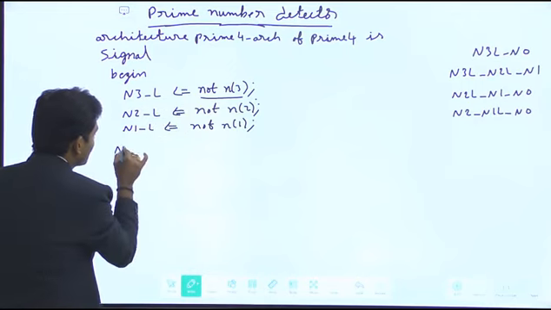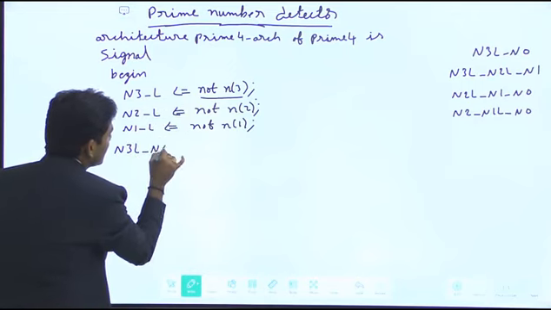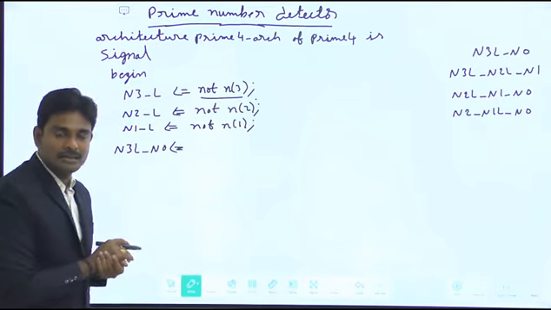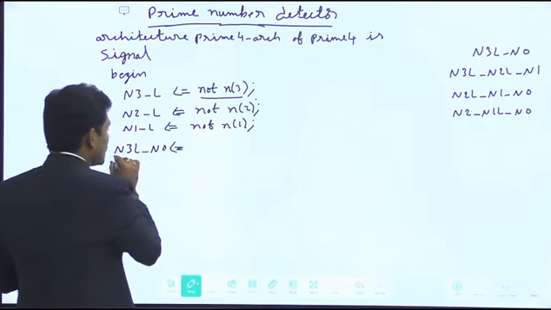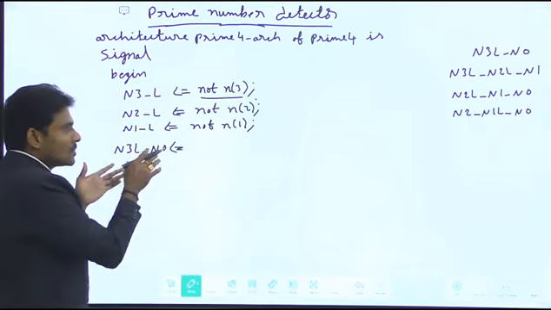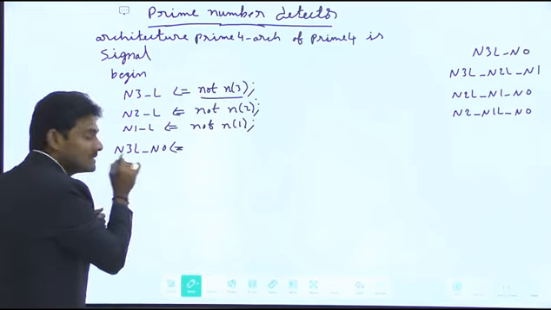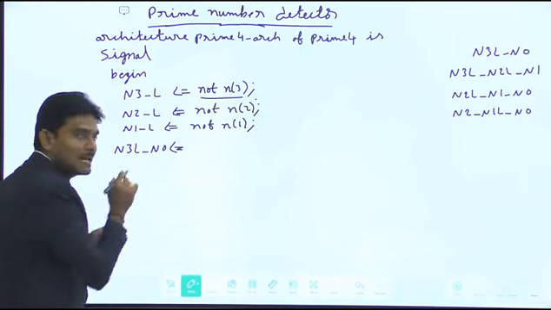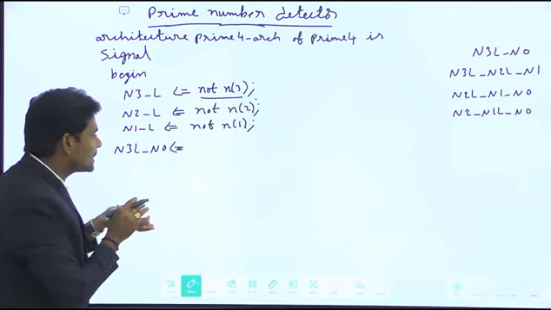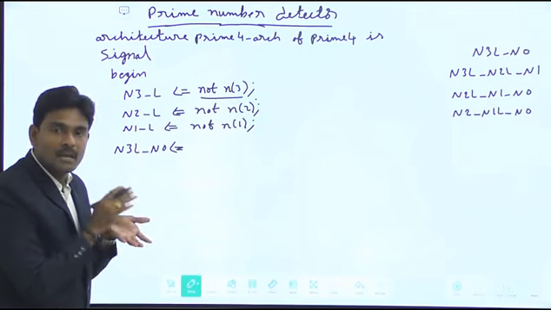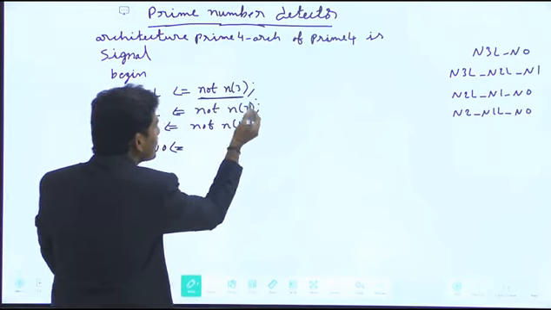Considering n3L_n0 less than or equals to. What are the two inputs for this particular two input AND gate? One is n3 bar and the second one is n0. n3 bar is nothing but the inverting operation on n3, which we already defined.